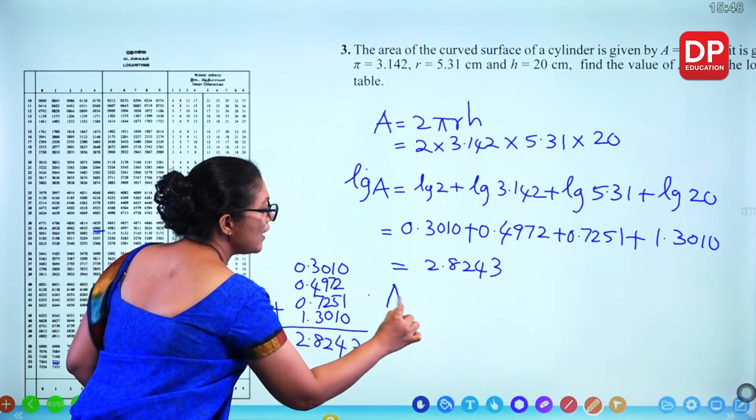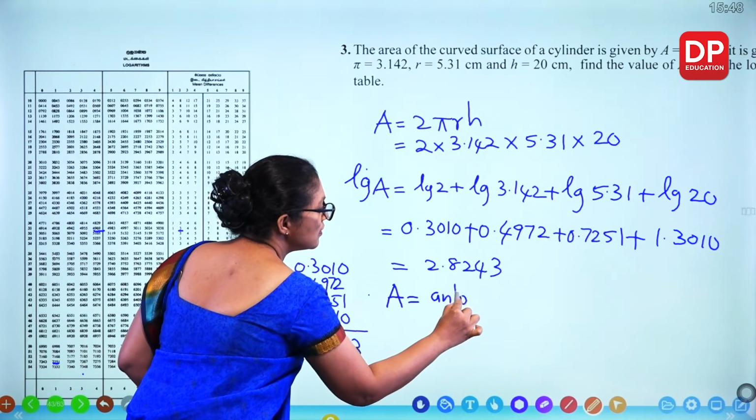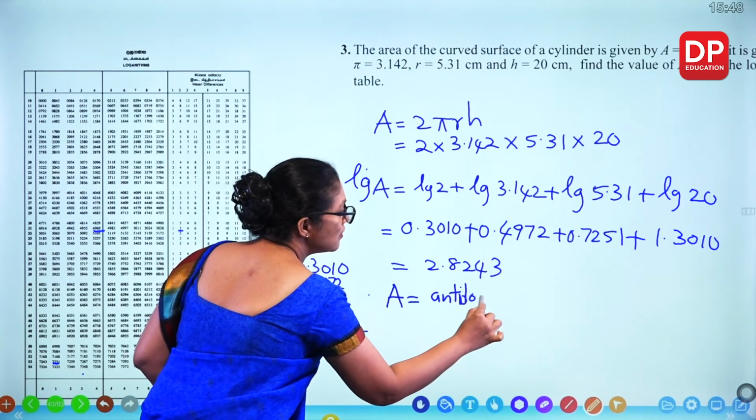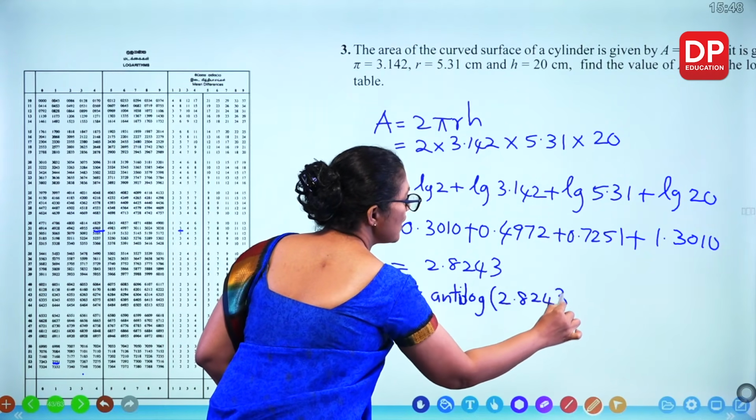Take the antilog value. A equals antilog of 2.8243.